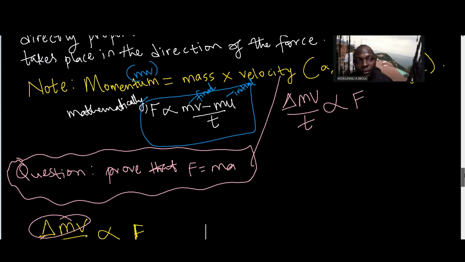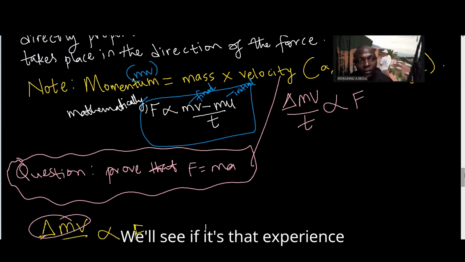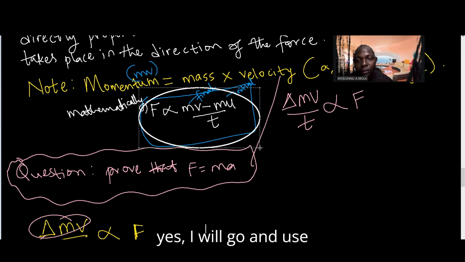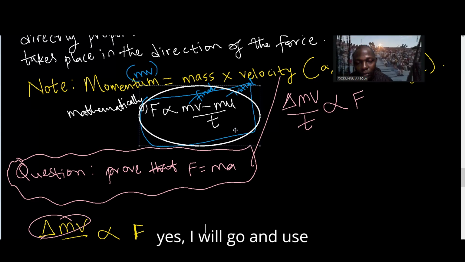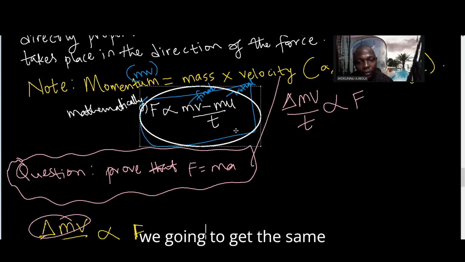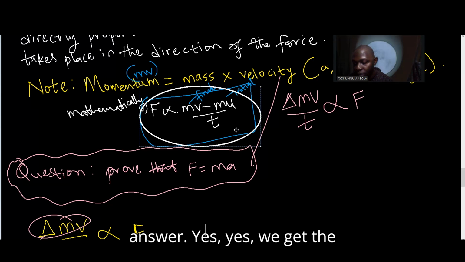Now if you use that formula, F varies as mv minus mu over time, and we can use that F equals MA, so are we going to get the same answer?